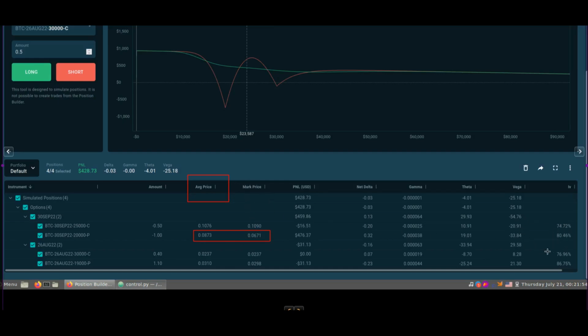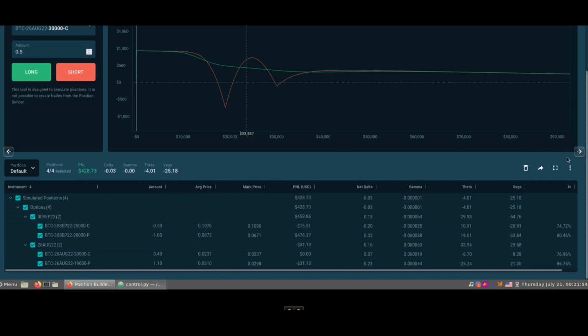I guess it is because of high volatility. But let's think that it is almost the same as the market price, so it is zero. Okay, so this $128 is the zero point for our P&L.